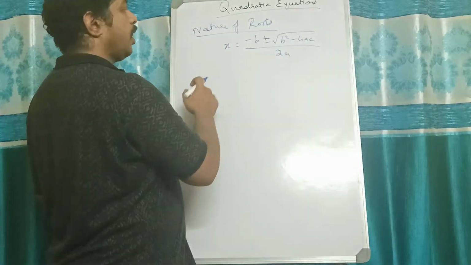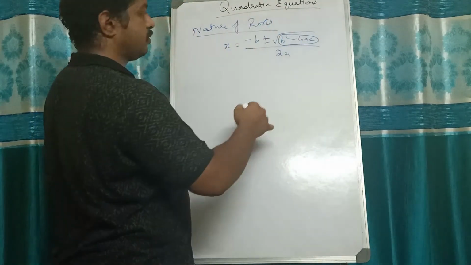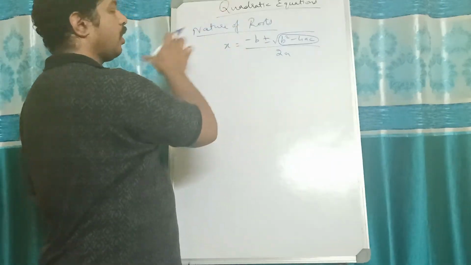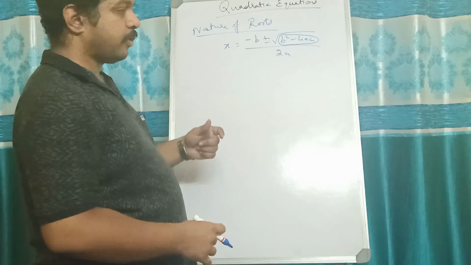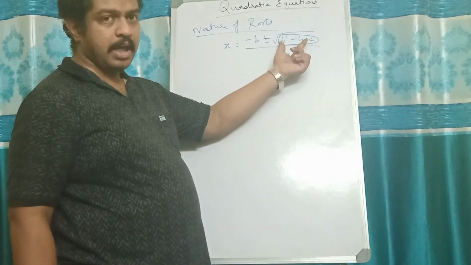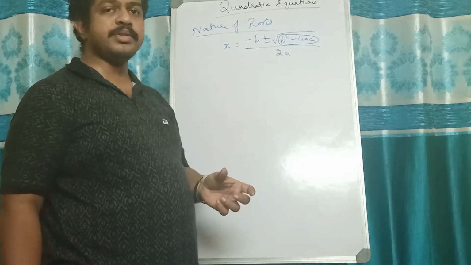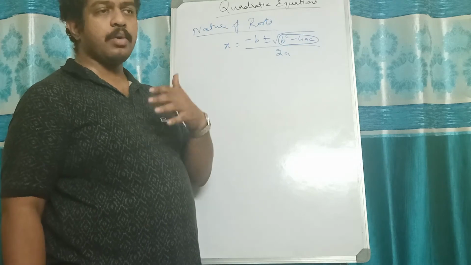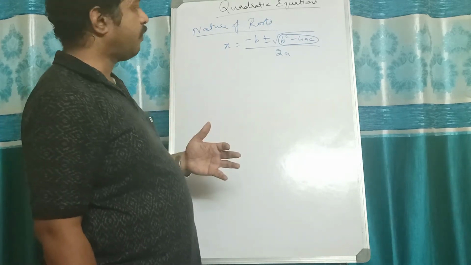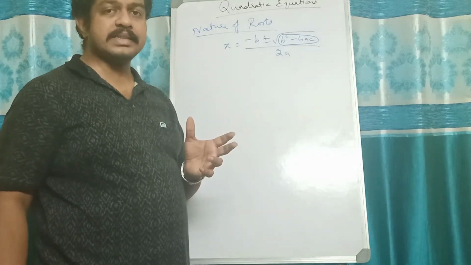In this formula, what if we only calculate this particular value, that is b square minus 4ac? That itself will be called the nature of roots. For any equation, if we calculate this value of b square minus 4ac, depending on whether it is 0, greater than 0, or lesser than 0, we can always say what kind of nature the roots have.